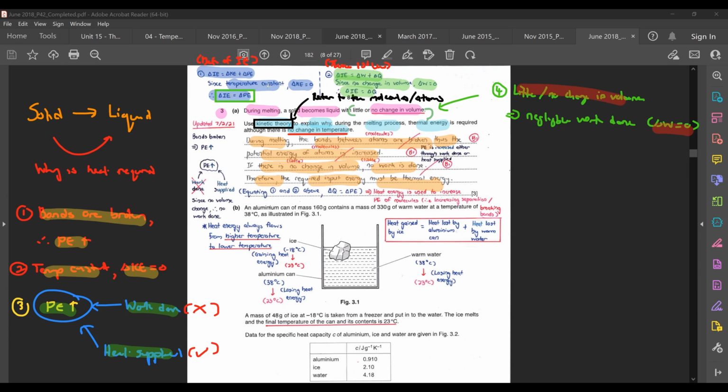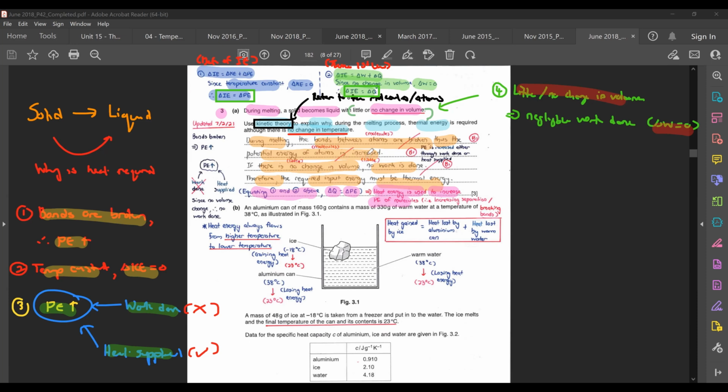If you try to equate these two, equation 1 and 2, you will eventually come to the conclusion that heat supply is actually equals to your PE change. So therefore, heat energy must be used to increase the PE of your molecules. You can also deduce it from there.